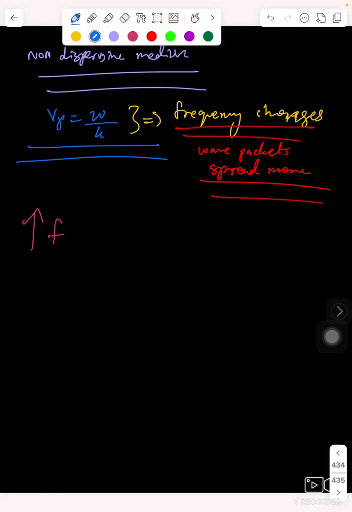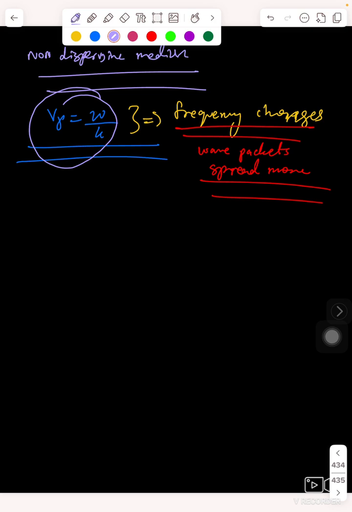Then we have the stationary phase approximation. There's not that much information on group velocity for now, so we'll just focus on the simple terms of what group velocity is and what this equation is.